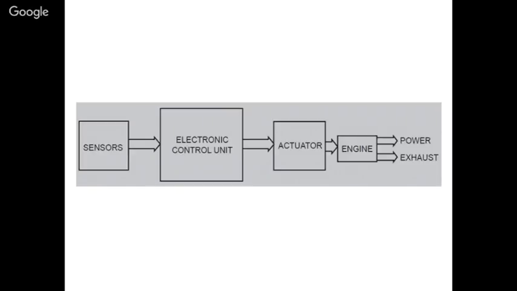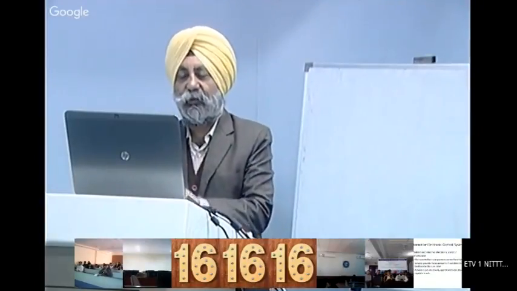The actuator, like a petrol or any fuel injector, will then give the fuel to the engine, and from the engine we basically get two things, the power and the emissions. So the whole idea is to get optimum power and minimum emissions. That is why the sensors came into the picture. Otherwise, earlier, as we know, the carburetor and other mechanical methods were used to operate the engine.